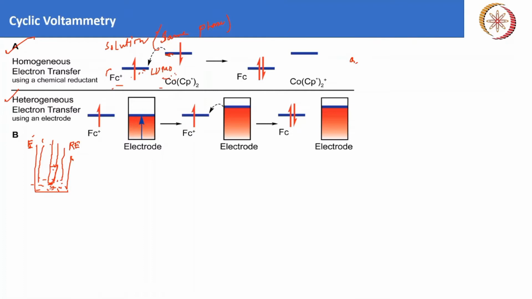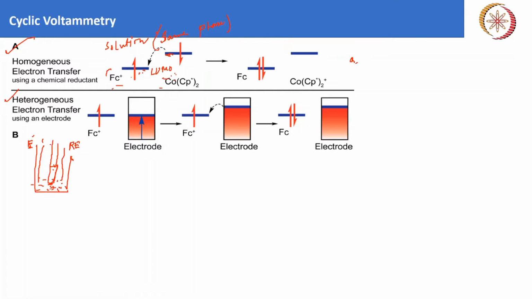Whatever we discuss in an electrochemical cell, where we dip the electrode, or when we talk about the electron transfer rate constant, that is the heterogeneous electron transfer rate constant.